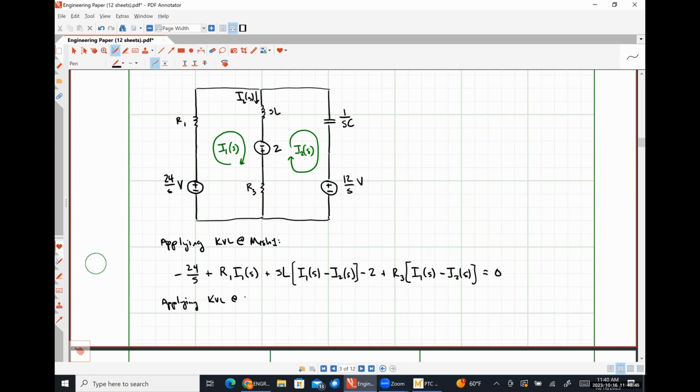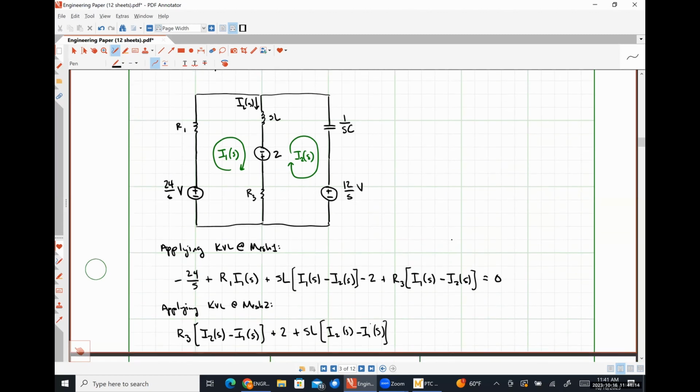Writing our KVL equation at mesh 2, we're going to have R3 times (I2 minus I1) plus 2 plus SL times (I2 minus I1) plus I2 divided by SC plus 12 over S is equal to 0.